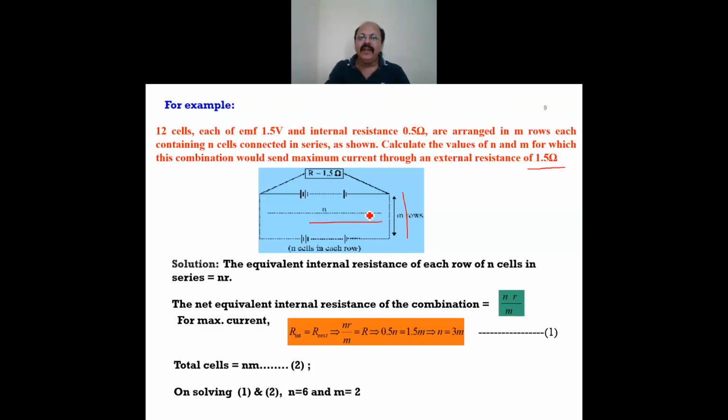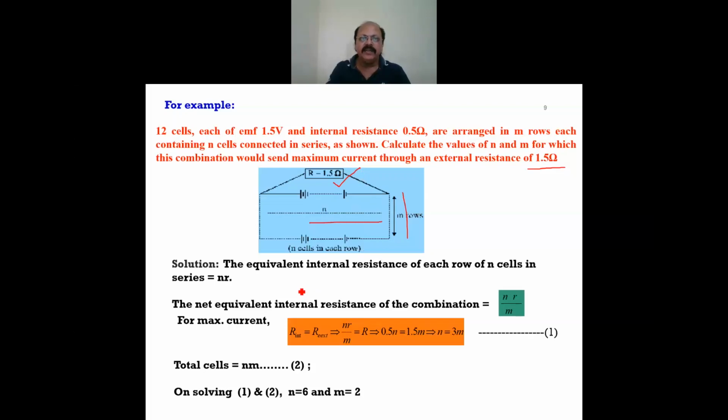Now calculate the value of n and m for which this combination would send maximum current. So for maximum current, the condition is small m capital R equal to small n small r, through an external resistance of 1.5 ohm. Now I think you understand the question.